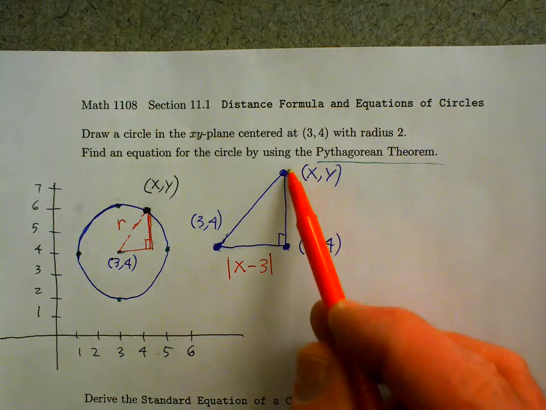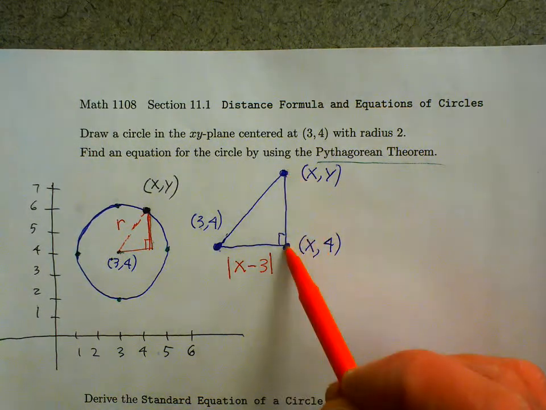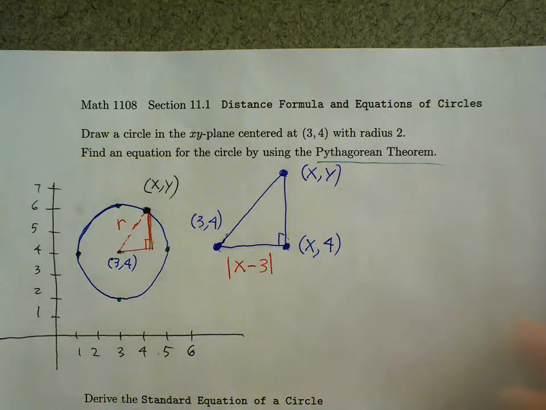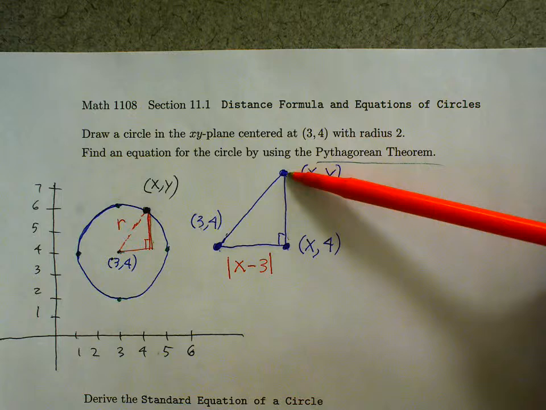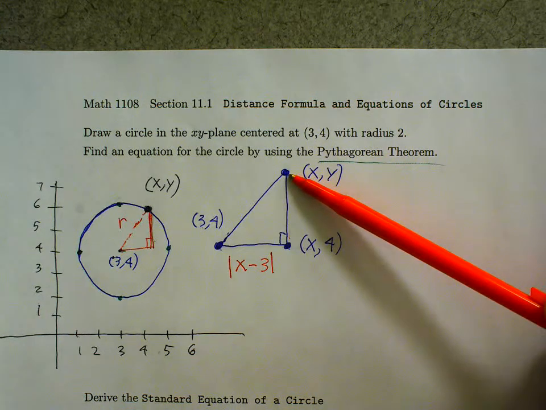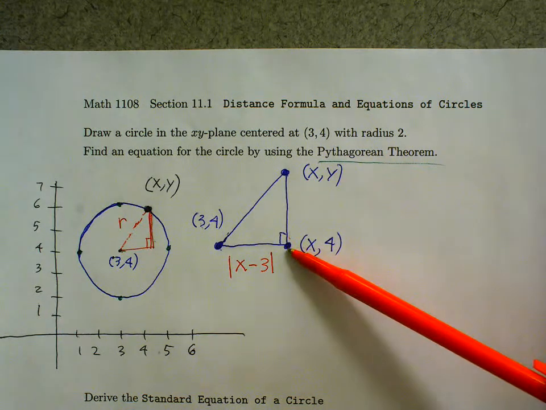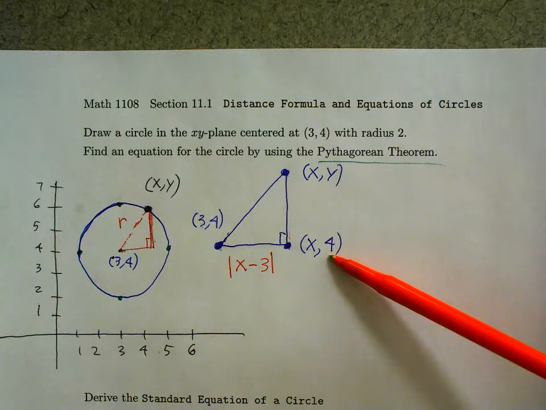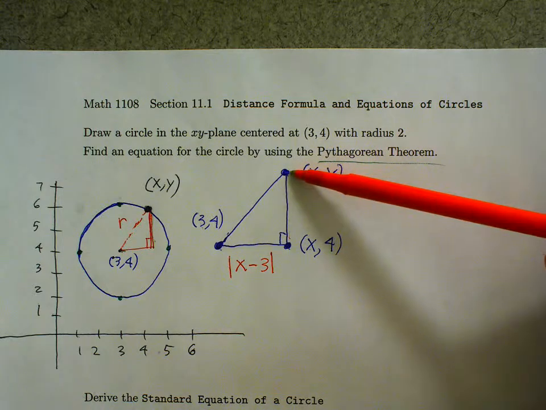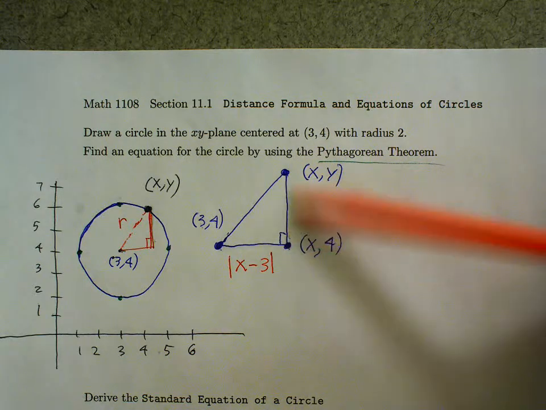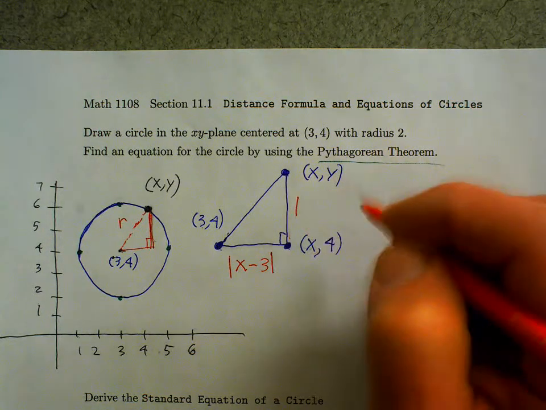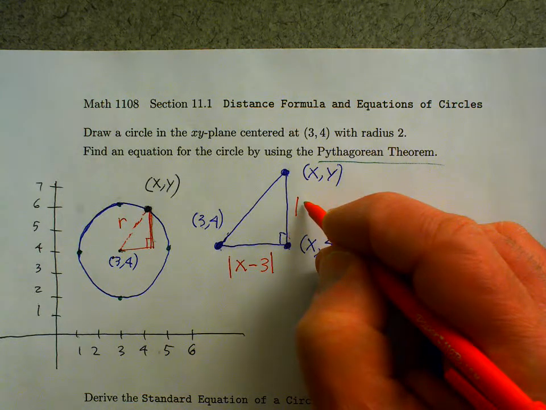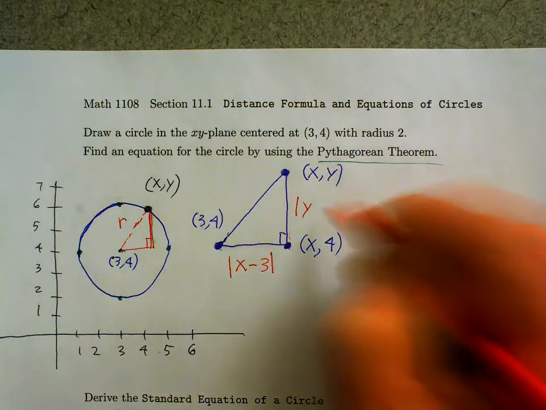Now to get an expression for the length of the vertical side, now we focus on the y coordinates. The y coordinate of this point up here is y, and the y coordinate of this point here is 4. So we can represent the length of that vertical side by writing the absolute value of y minus 4.